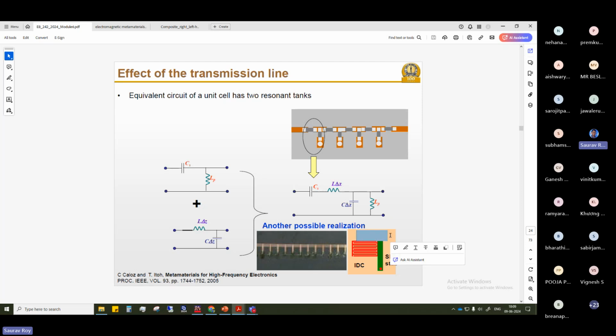This is one of the other ways, but the simplest way is just using lumped components. Now what is this composite behavior? That is what is shown here. Capacitor and inductor both in the series arm, and in the shunt arm also both together. That is why it is called composite, right-handed and left-handed together.